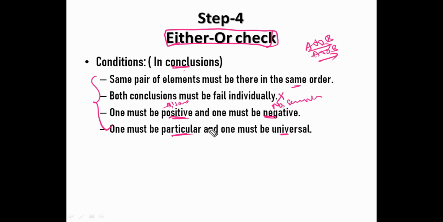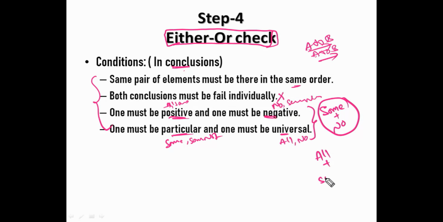Particular qualifiers are some and some not, and universal qualifiers are all and no. Combining these, as we have already taken in the last classes, only two either or cases are possible. One is some plus no, and another is all plus some not. Only these are the two complementary pairs, either or cases in syllogism.